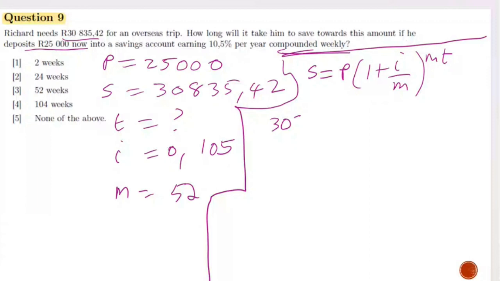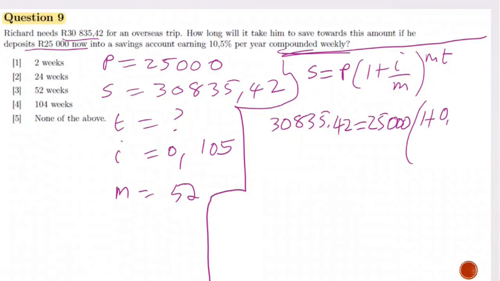What is your P? 25,000 into 1 plus 0,105 over 52, to the power 52T.